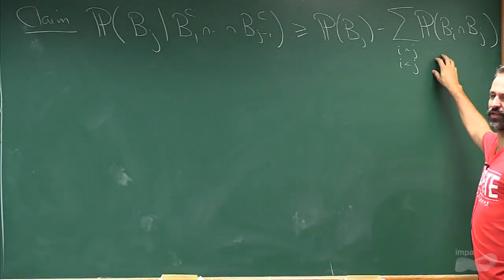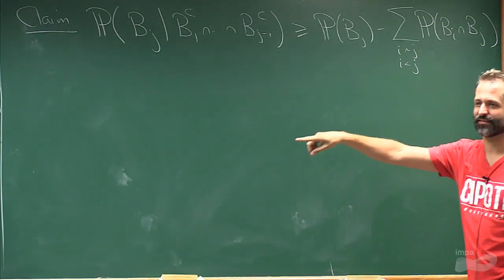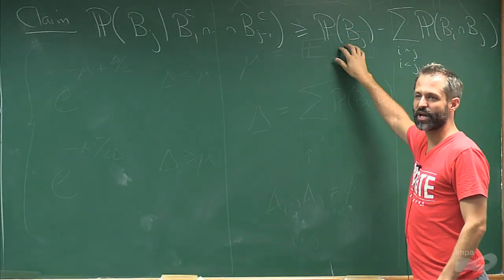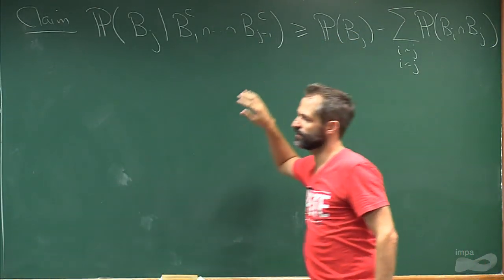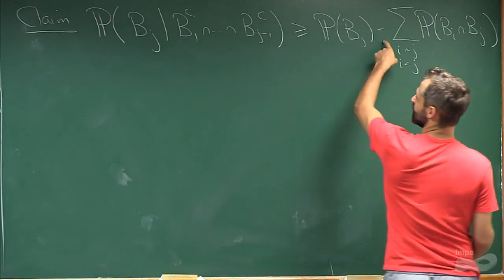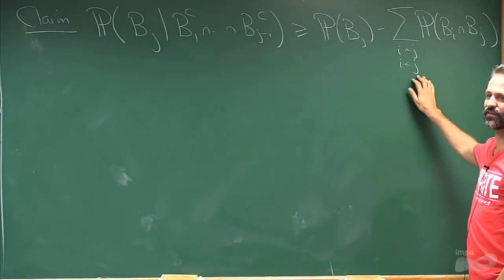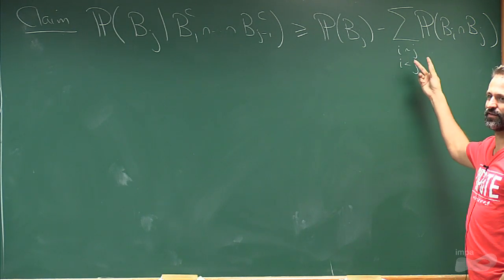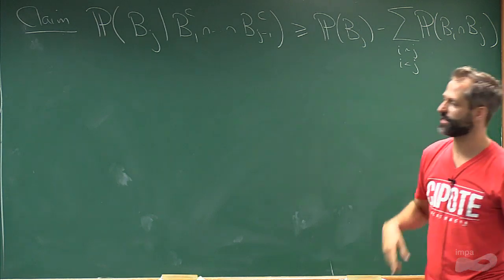Okay, so if we can prove this, what does it imply? It implies that this sum is at least, so the sum over j of the probability of Bj is just mu. Right? So this first term just gives mu. And this error term, we just sum this over j. So every pair ij gets counted once. But in delta, I said it were counted twice.